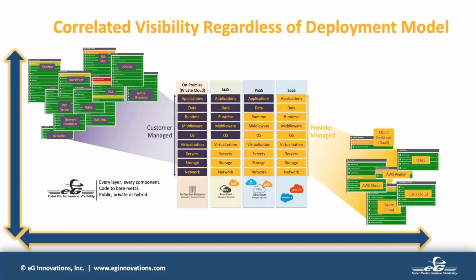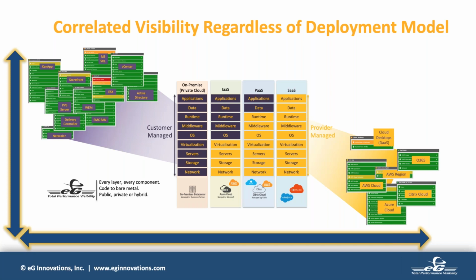Thanks, Pete. Look, fundamentally, as I said at the beginning, the architecture collects measurements at every layer of every component, end-to-end, regardless of public, private, or hybrid. So when you think about migrating to the cloud, you've got baselining that you need to do before you migrate to understand your workloads and existing applications.